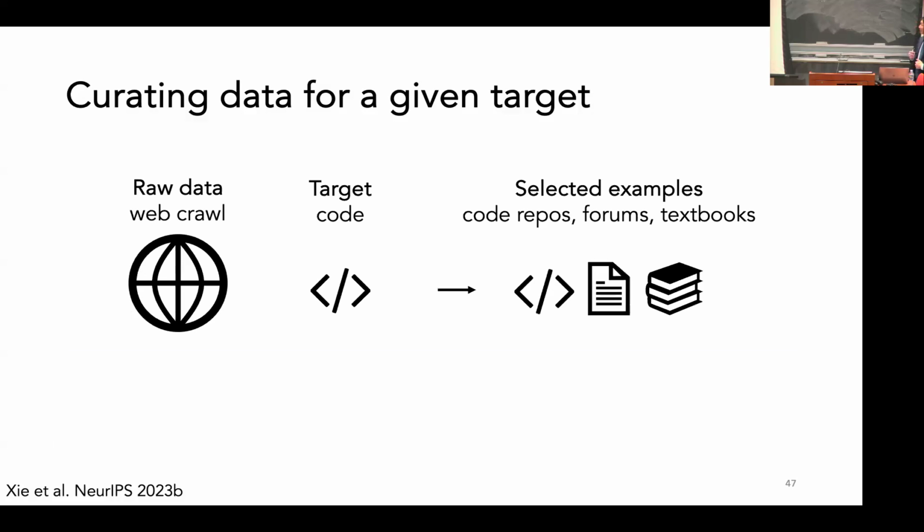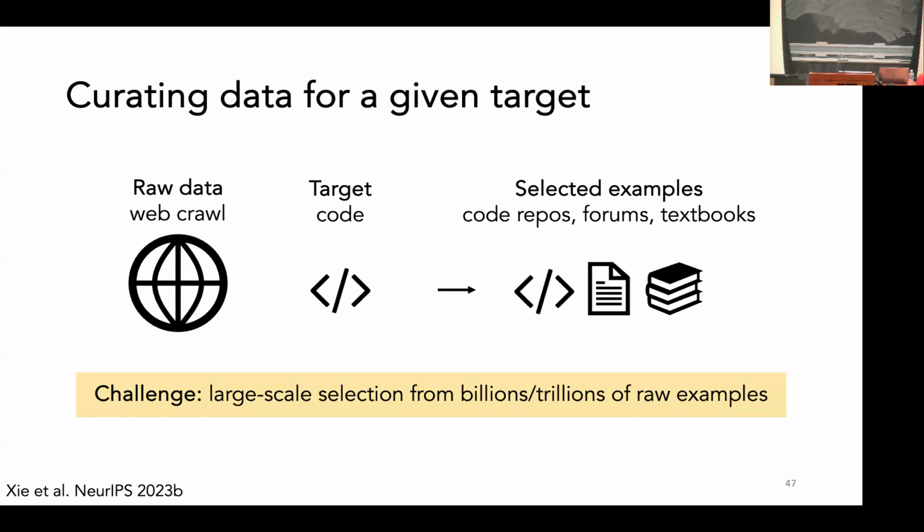And the goal here is to select a subset of the raw data that's relevant to this target distribution. The challenge is that we want to do large-scale selection from possibly billions or trillions of raw examples.